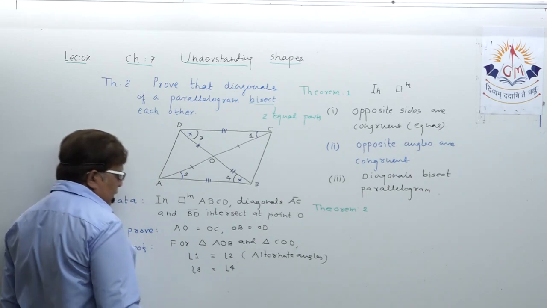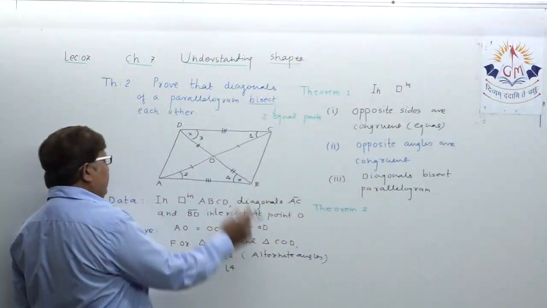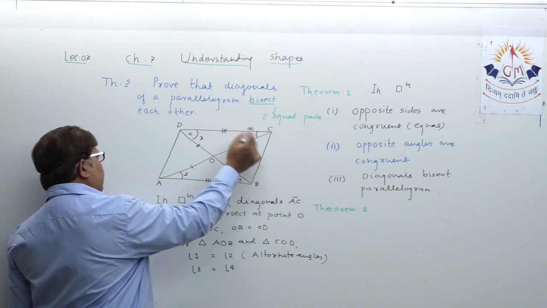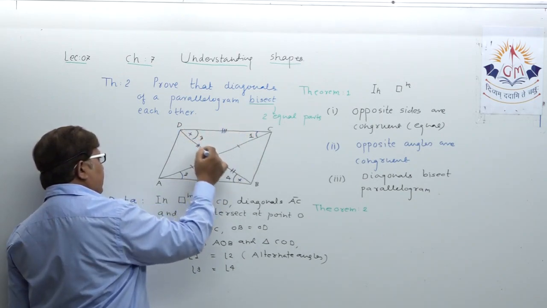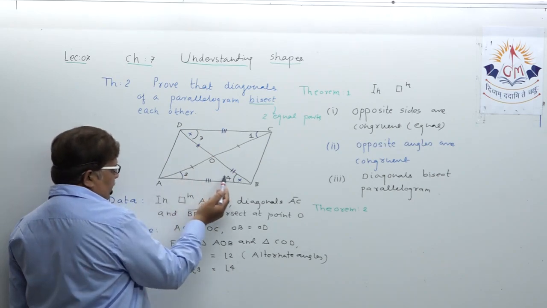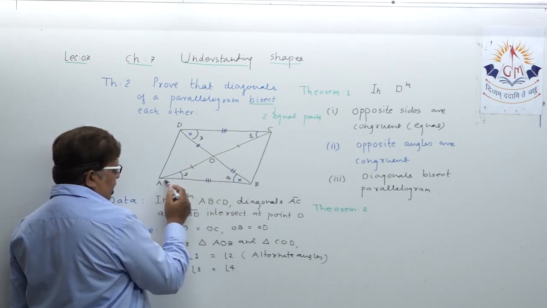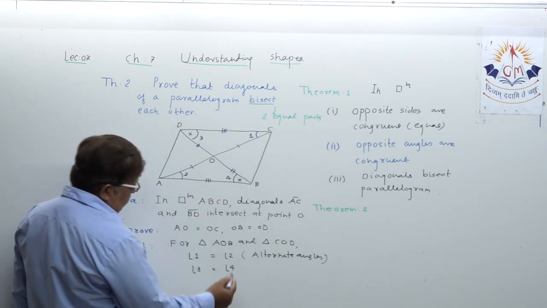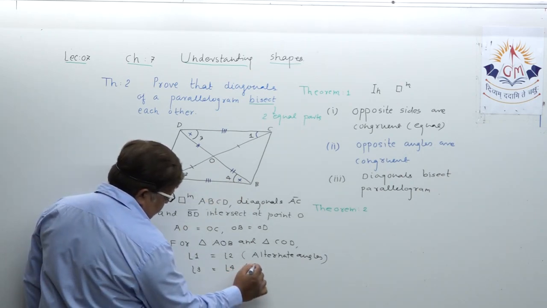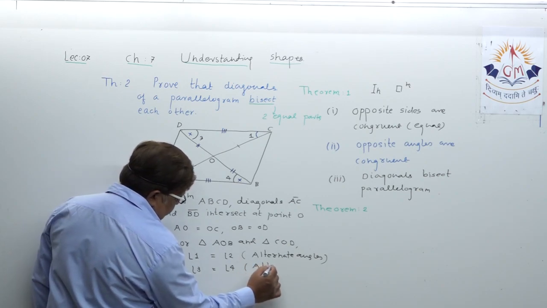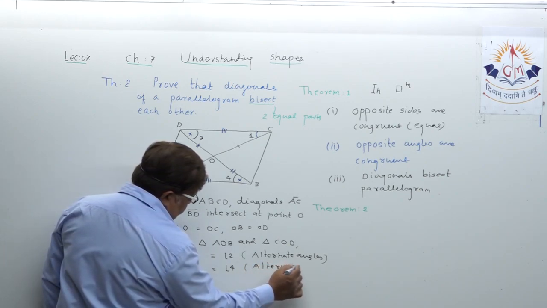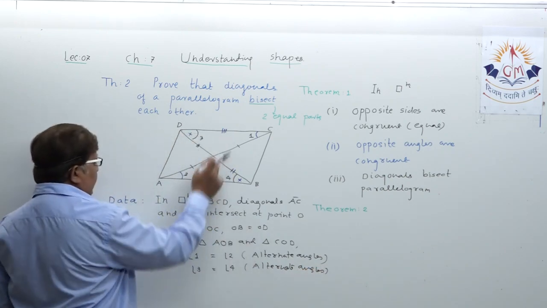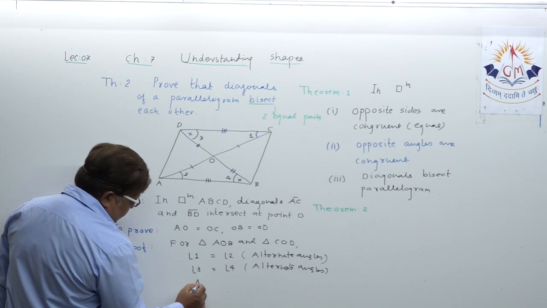Again here, dear student, if you do not want to write 3, you can write angle CDO, or angle 4 you can write angle ABO or OBA, whatever. Again the reason is common, alternate angles. Okay student.